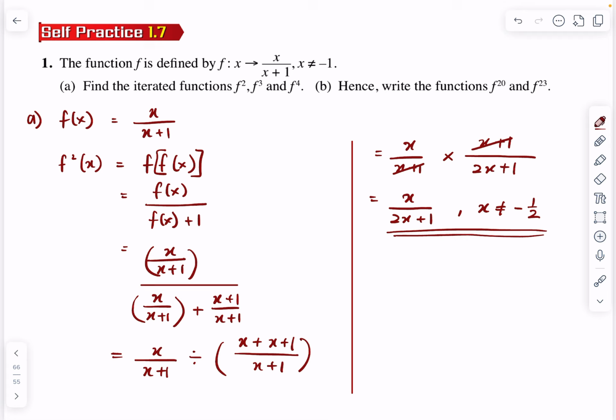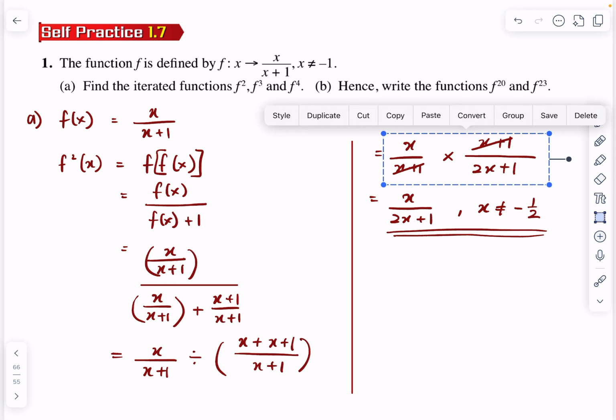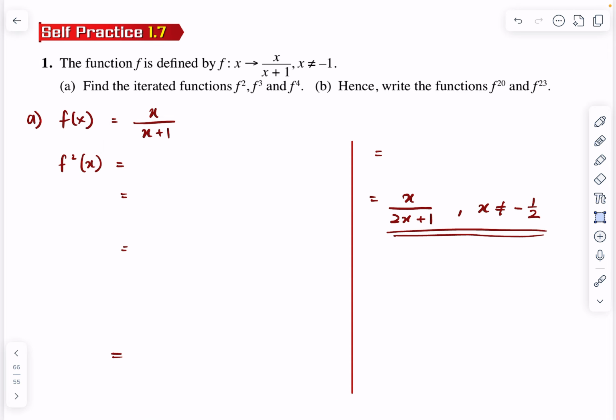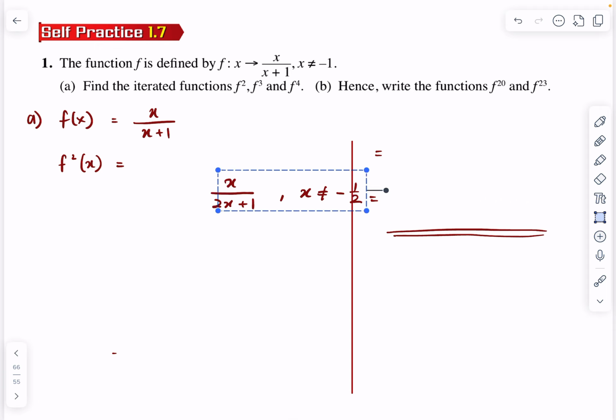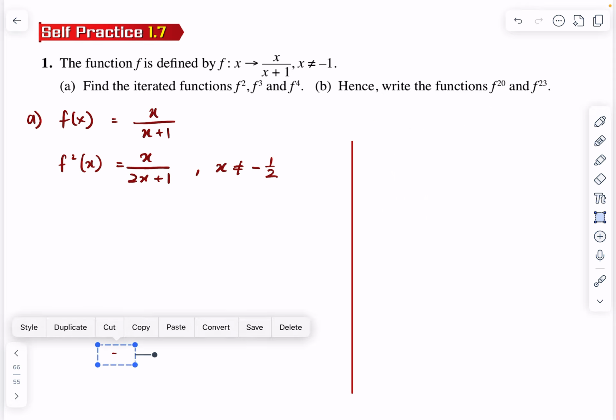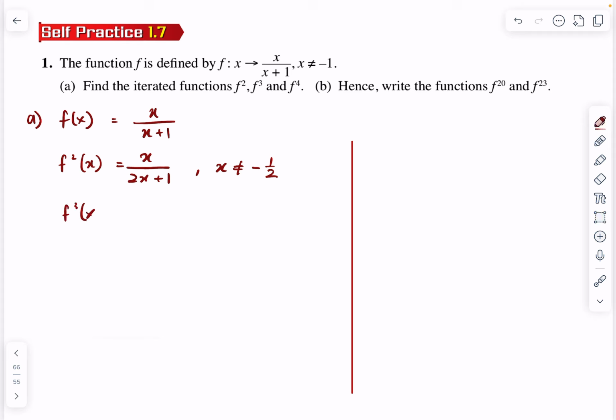Right. So let's write this down. I erase all these. So this is our f square x. Next, let's find f cube x. f cube x is the same as f square of f(x).